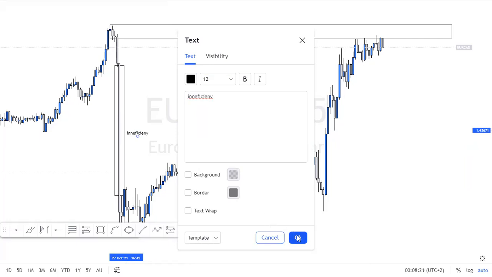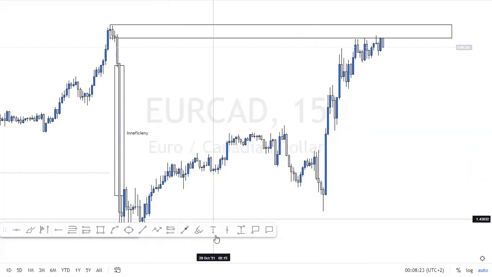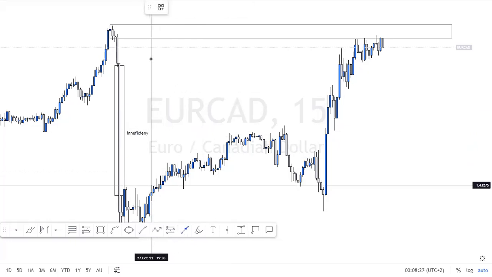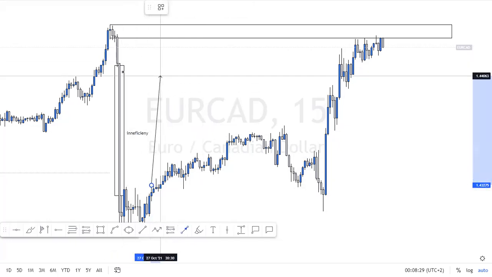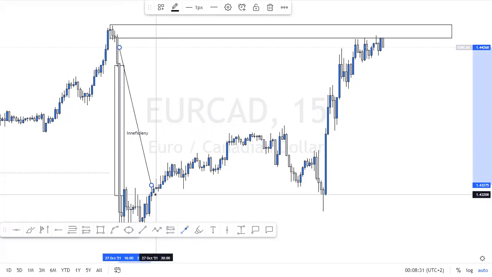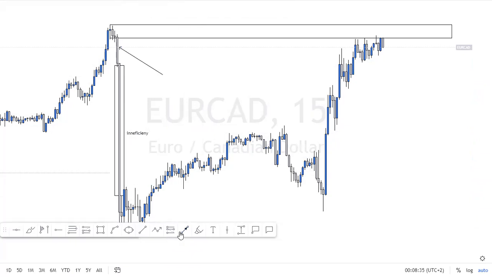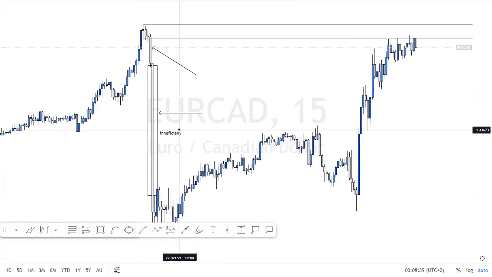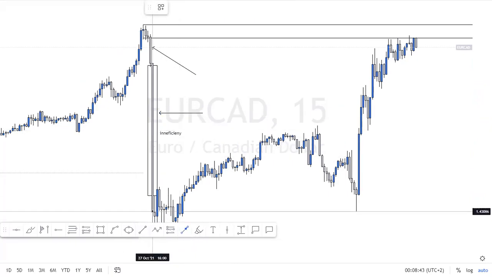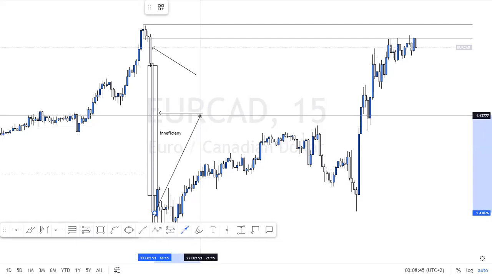So inefficiency is more like, you can see that, okay, we have this bearish candlestick, with this bearish candlestick, and also this bearish candlestick.